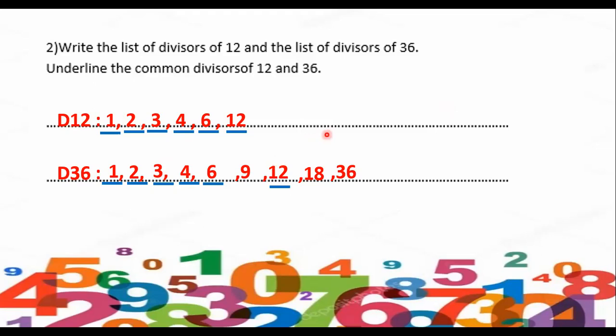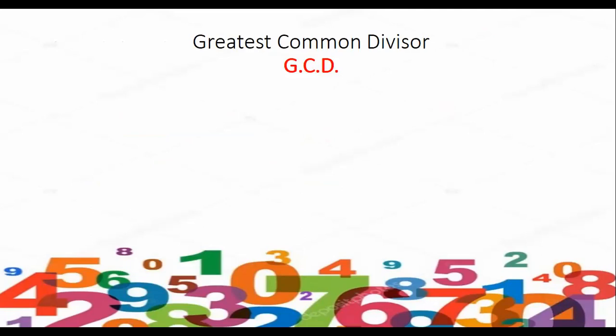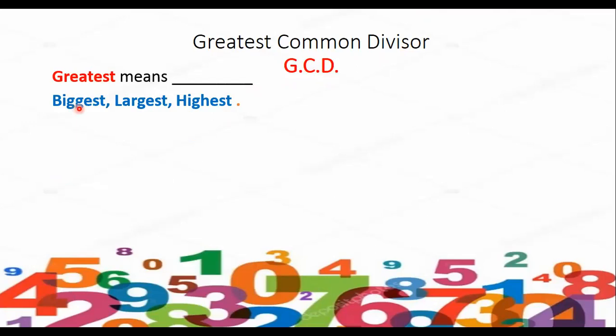Yalla, next. Now we are going to talk about the greatest common divisor. The greatest common divisor is called the G.C.D. G is for the greatest, C is for the common, D is for the divisor. Greatest means the biggest, the largest, or the highest.